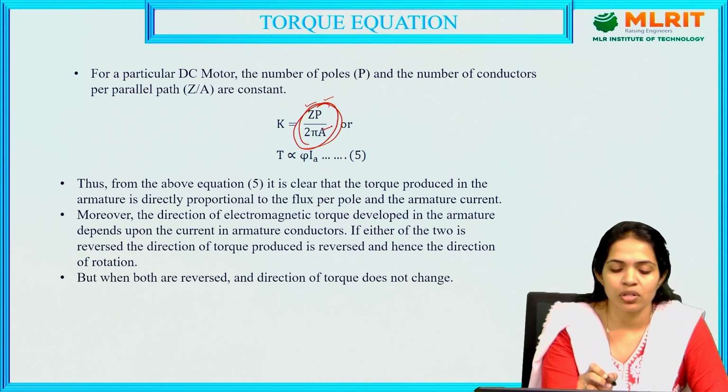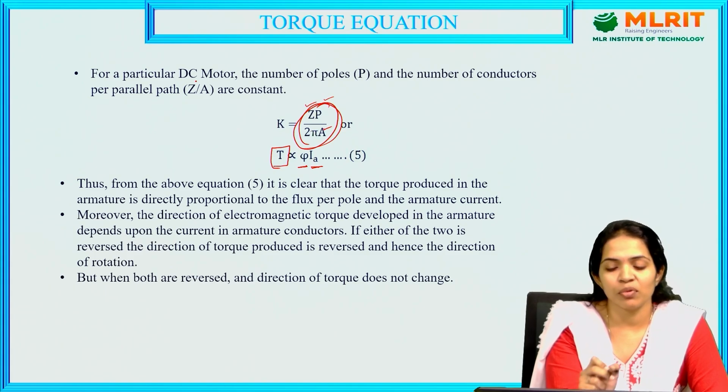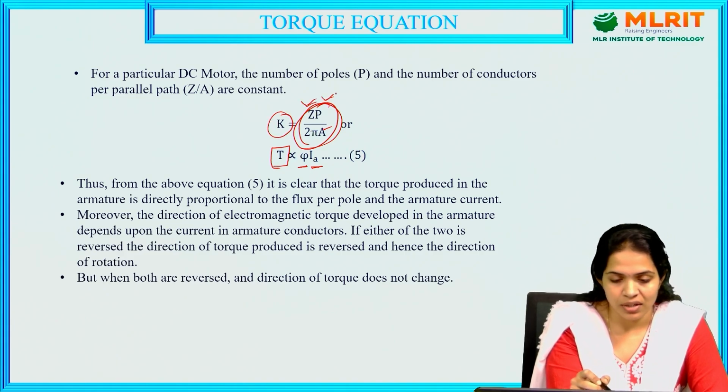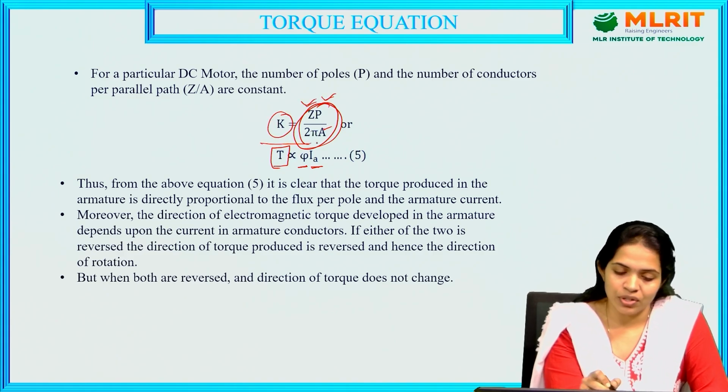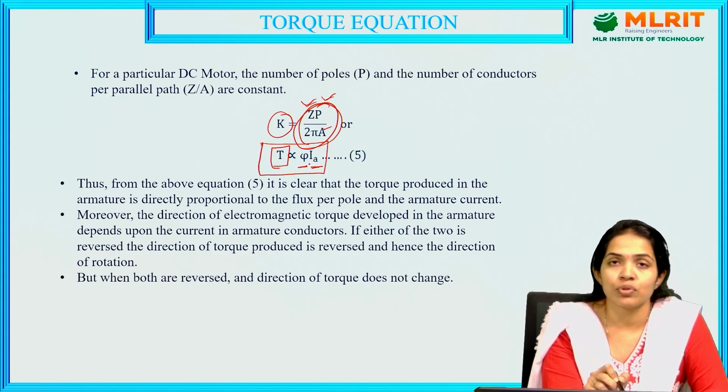When they are made constant, my torque is directly proportional to the product of flux developed in the main poles and the armature current developed in the armature. So for a particular DC motor with P number of poles and number of conductors in particular parallel paths, I can take this K as constant. So from this torque equation, I can say that my torque in the DC motor is directly proportional to the product of flux and the armature current.